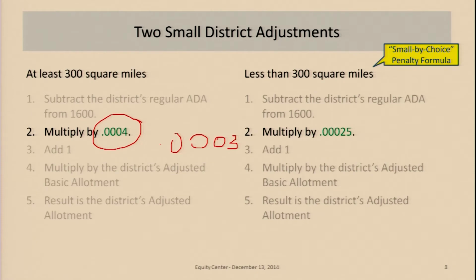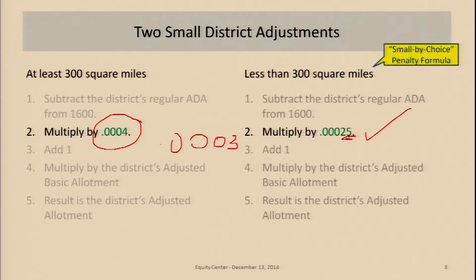It was kind of to starve these districts out. And because of a political disagreement, some powers that be decided that they would further punish this representative by having another penalty, and so they dropped the 0.003 to 0.0025. So they went from 40 to 30, and then from 30 to 25.